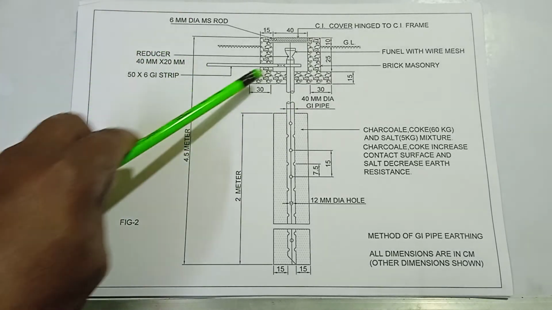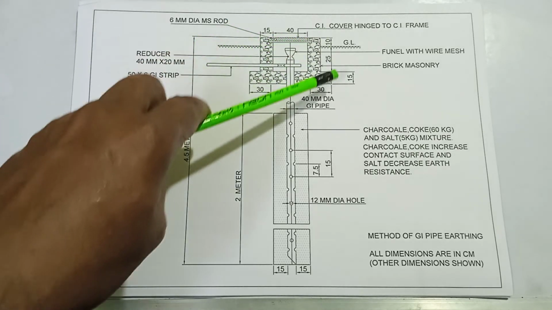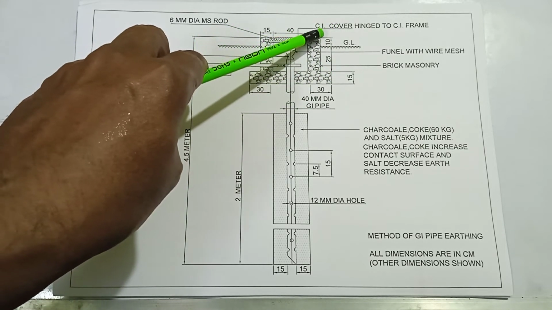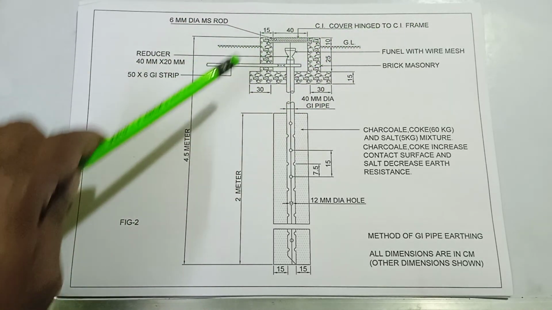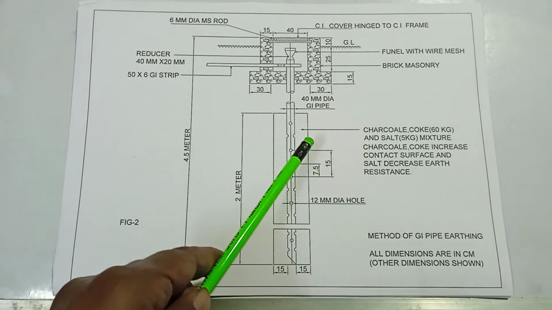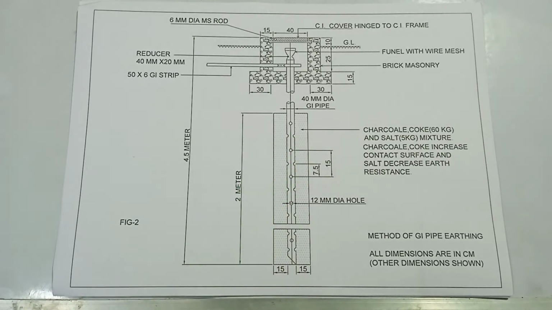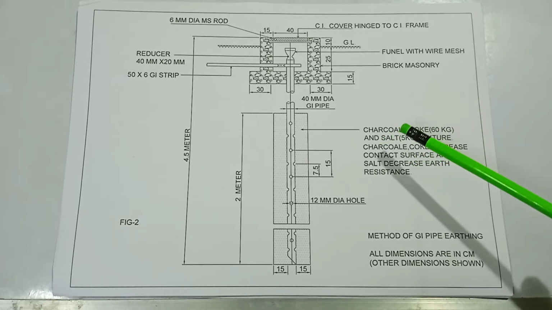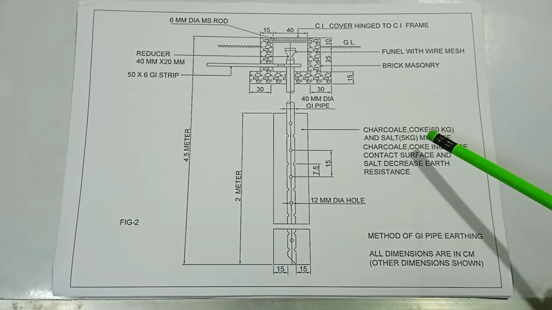Here is the reducer funnel, and the brick masonry, and the hinged CI cover. Here is the charcoal salt mixture. Here charcoal is used 60 kg and salt 5 kg only.